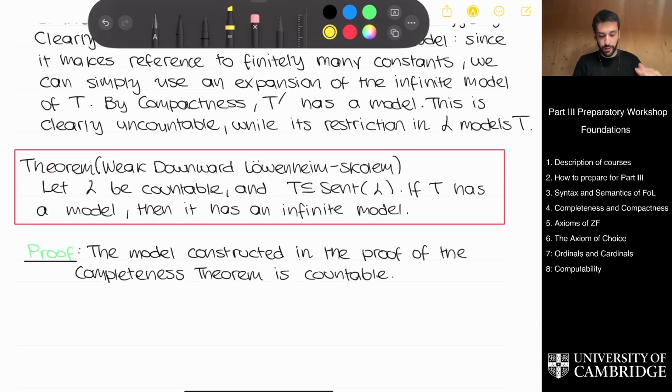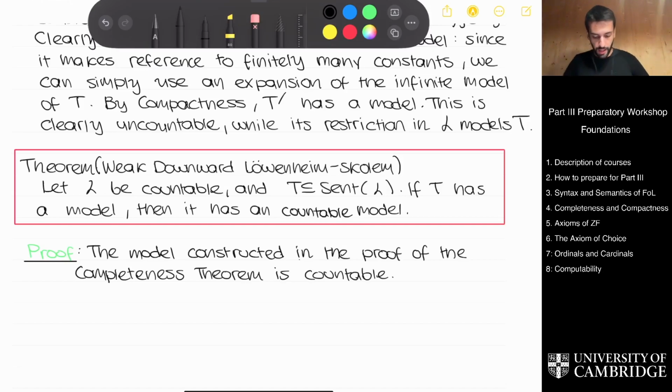The downwards theorem, what it tells us is that, at least in its weak version, if we have a countable language and a set of sentences over this language, then if this has a model of any size, then it must have a countable model. Excuse me, this was a mistake. This should say a countable model.